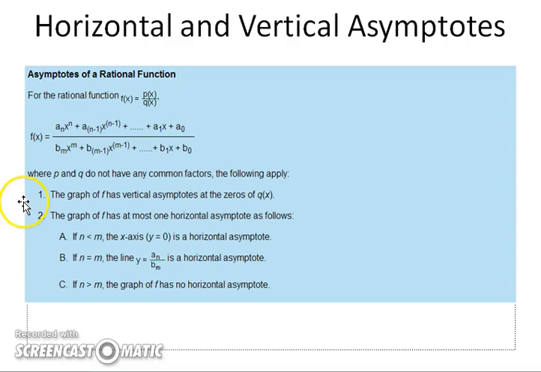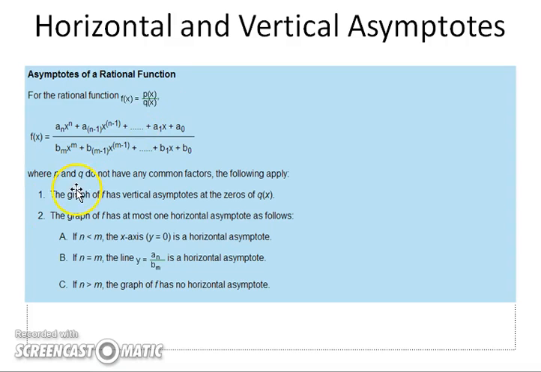Basically, when you are trying to figure out where the vertical asymptotes are located, you want to take a look at the denominator, the q of x, and factor that if it's possible. That's going to help you find the zeros of that function, the values that will make the denominator 0.